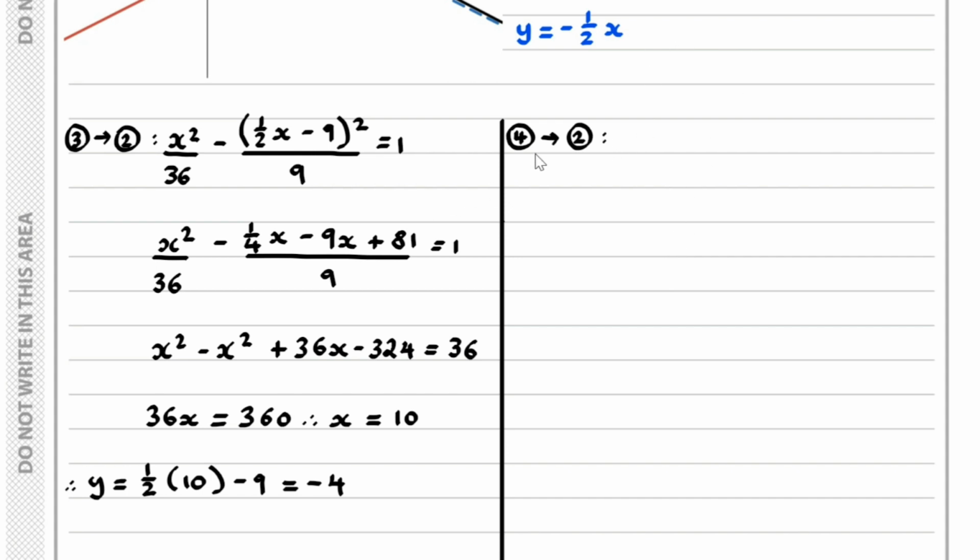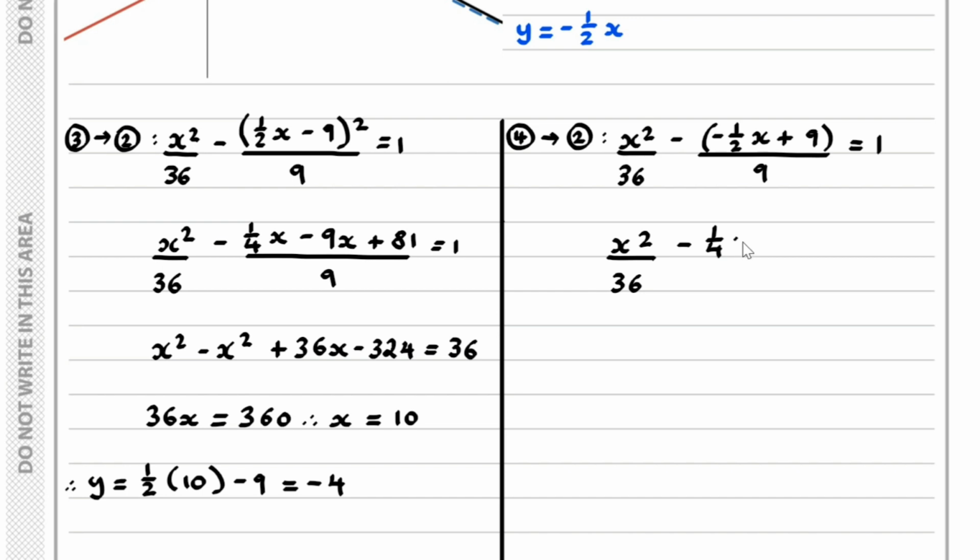And similarly, 4 into 2, we've got x squared over 36 minus 1/2 x plus 9 divided by 9 equals 1. So x squared over 36 minus 1/4 x squared minus 9x plus 81 divided by 9 equals 1.